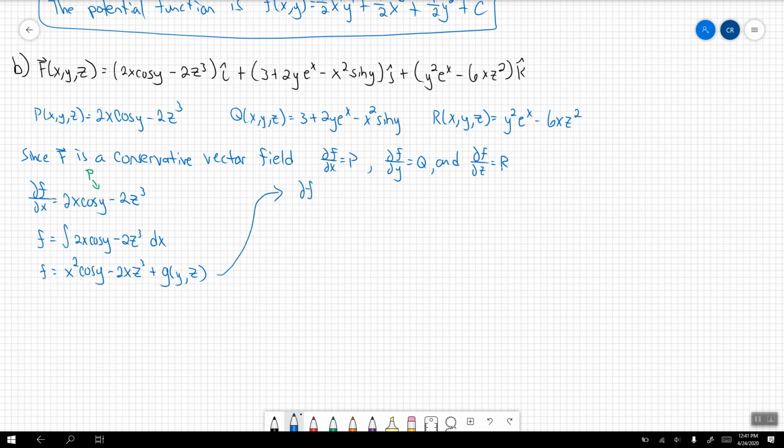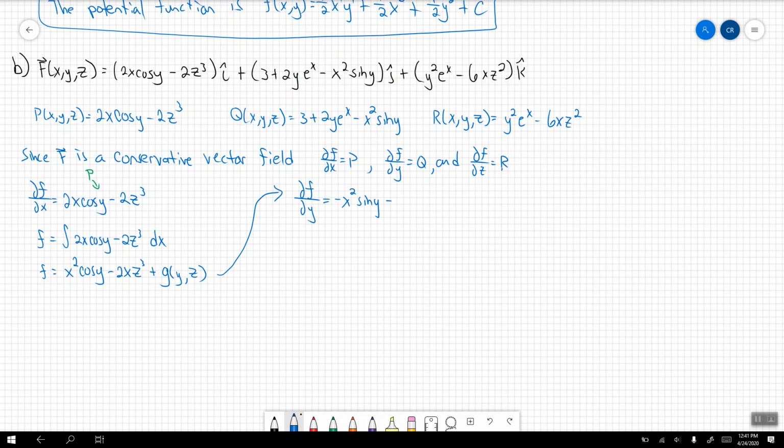I'm just going to take the partial derivative of this function with respect to y. Let's just take it in a nice increasing fashion: x, y, z. So the partial of this function with respect to y is going to be negative x squared sine of y, minus, with respect to y, nothing here, but there is a derivative here.